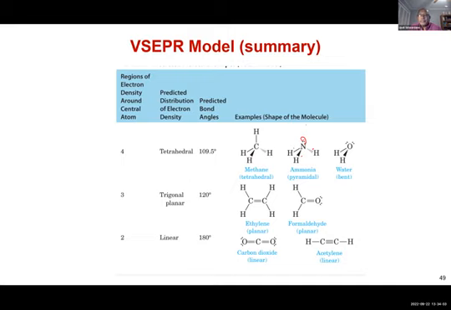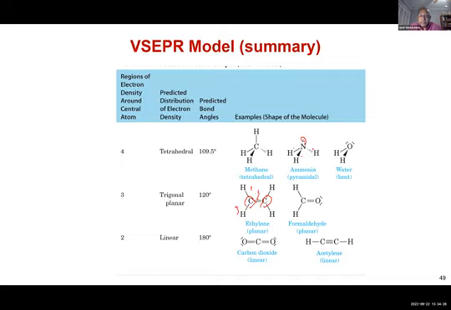Now, when you have 3 bonding pairs in the carbon atom, with 2 carbon atoms here, there are 3 bonds: 1, 2, 3. The first and third are single bond electrons. The second one in the middle is a double bond.